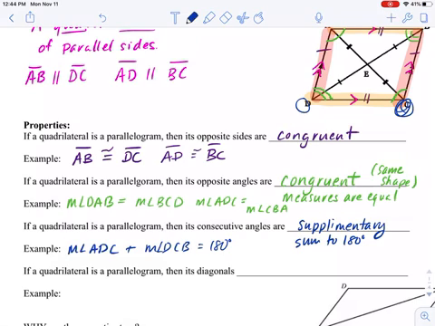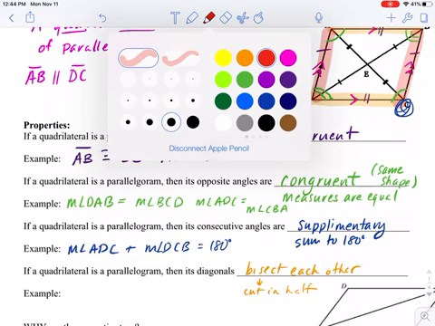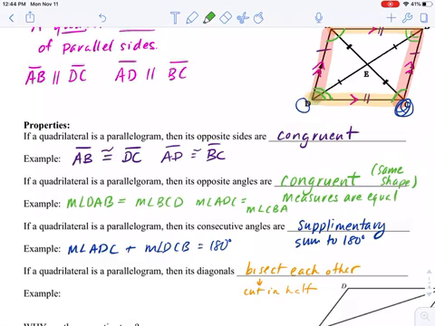Finally, we can say that if a quadrilateral is a parallelogram, then its diagonals bisect each other. To bisect means to cut in half. So here we can say that, let me get a different color here, DE is the same as BE.